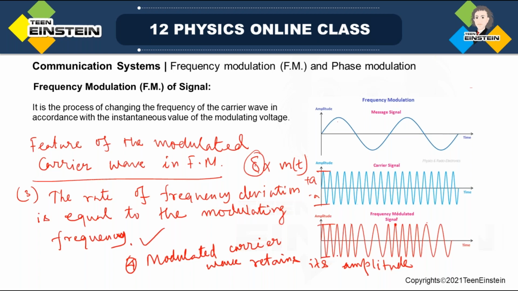So amplitude remains the same, but frequency changes. And in the frequency also, we'll have three types of frequency: upper bands, lower bands, and the original frequency. That we'll see next.